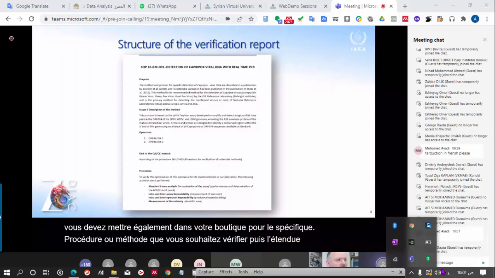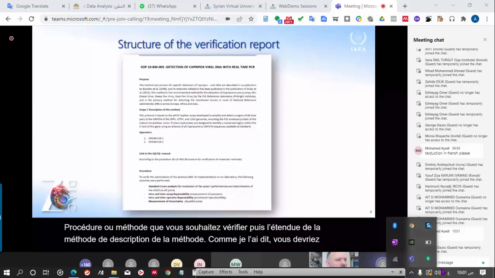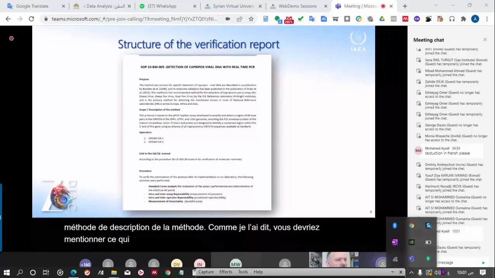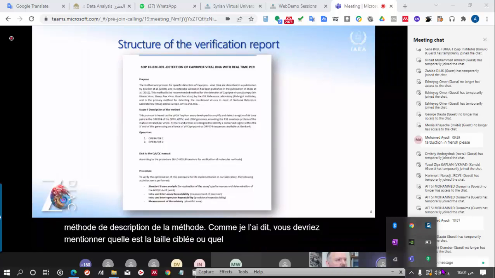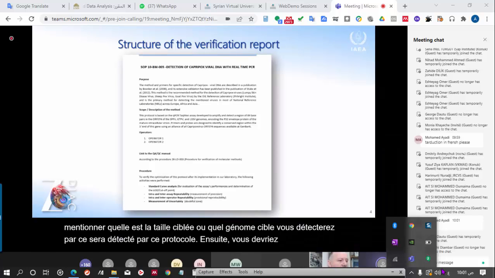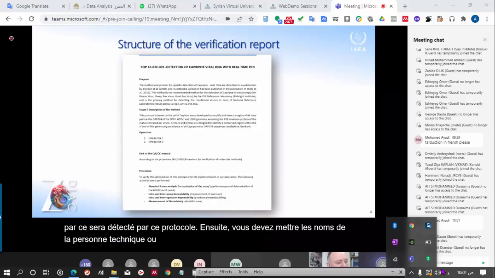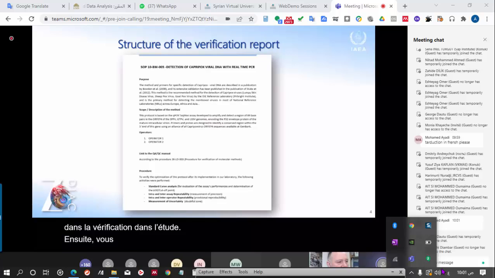As I said, you should mention what is the target or which target genome will be detected by this protocol. Then you should put the names of the technical persons or the operators who were included in the verification study. Then you should mention the link to the quality assessment, quality control manual placed in your laboratory.